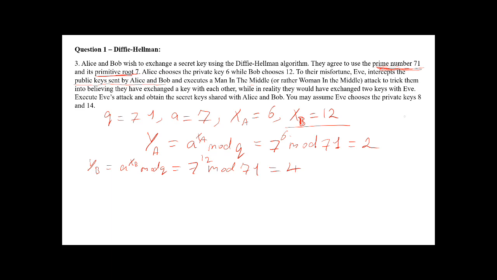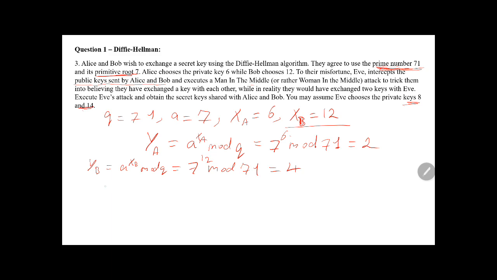Note that now we should calculate Eve's public key with Alice and Eve's public key with Bob, knowing that her private key with Alice, as we said, is 8, and her private key with Bob is 14.